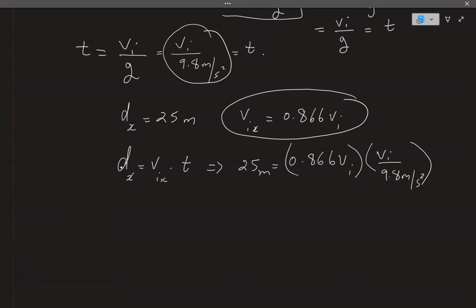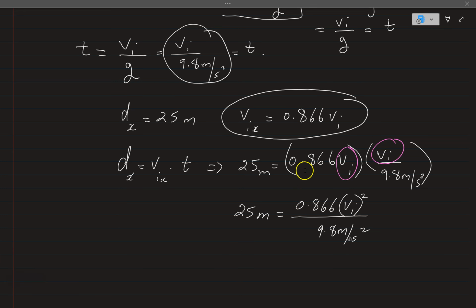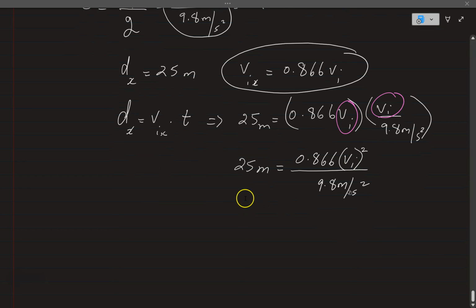The only thing that is left here to deal with is the VI. Do you see that? That's the only thing we need to solve. So let's solve that. I'm going to use the math here. So this will be just multiplying the top. And then we're solving for VI, not VI squared. But first we have to solve for VI squared. We're going to do some mathematical gymnastics.